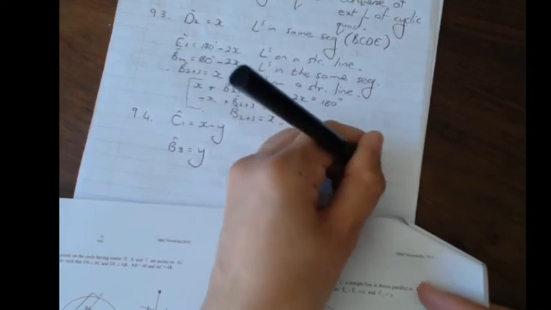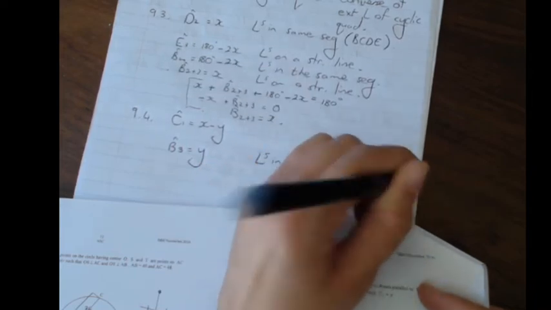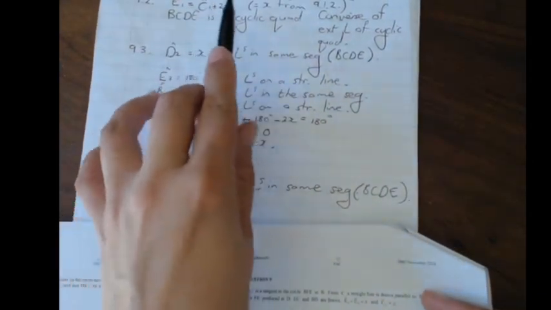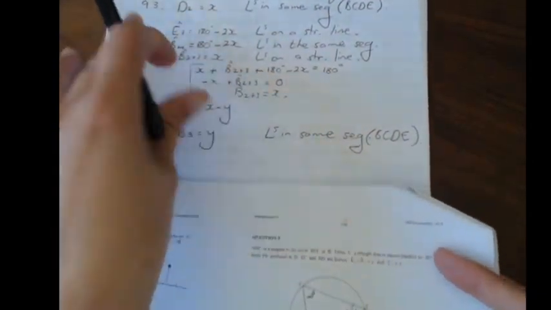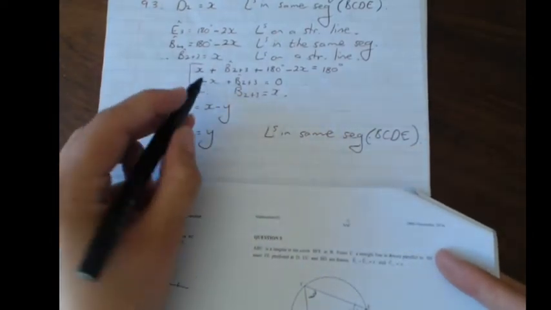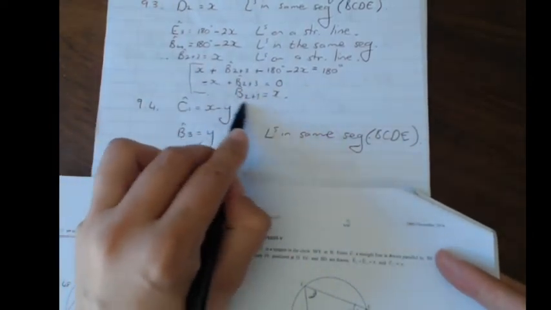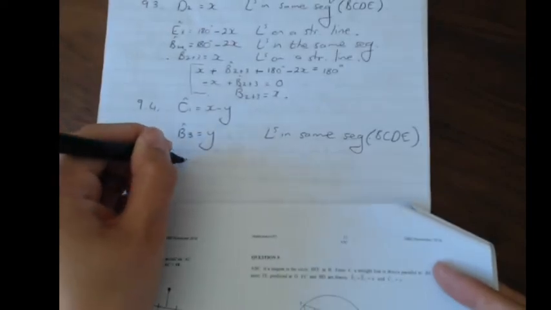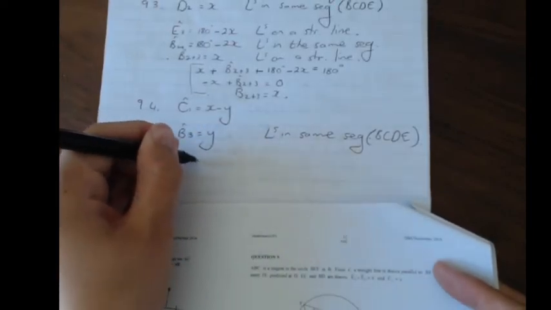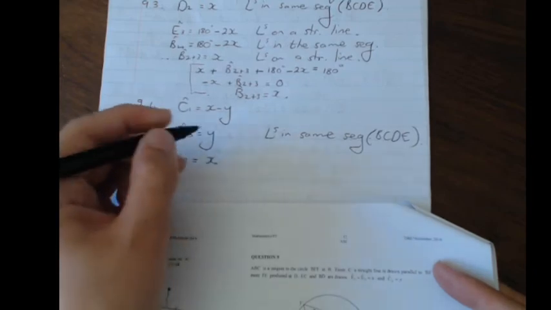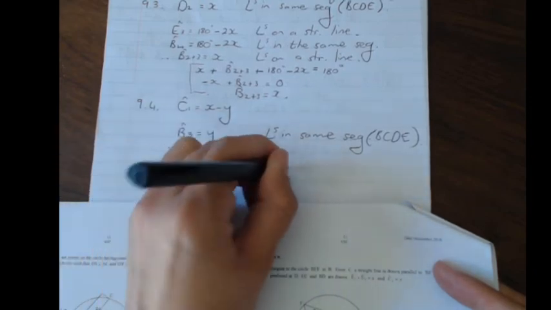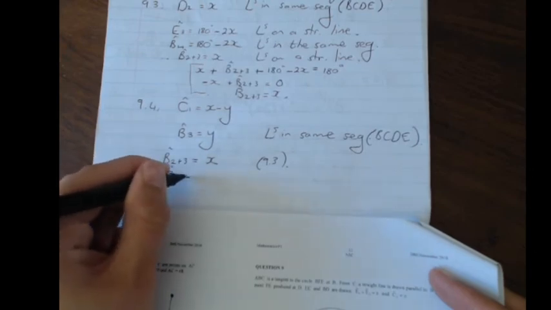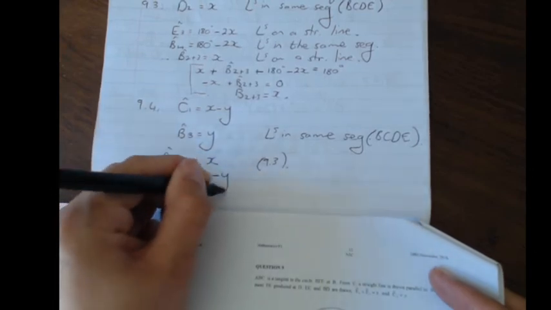That's also in the quad BCDE that I'm working with from earlier, that quad that I proved. So B3 is y, which also means, since I said B2 and 3 is x already from 9.3, and B3 is y, that means that B2 is also x minus y.